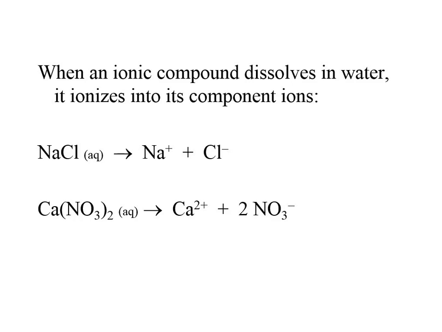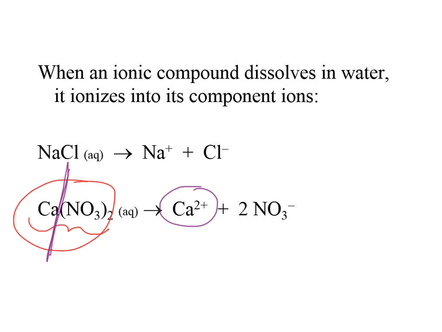Calcium nitrate, the formula for calcium nitrate is Ca(NO3)2, and even if you don't know its name or forget how this whole thing works, do you see where when it breaks apart, you get 1 calcium and you get 2 nitrates. Now, if you don't know that this is NO3 with a -1 charge, that's okay.